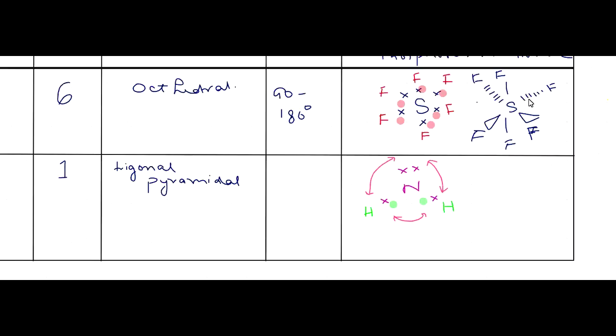And if I ask you the shape of the molecule, the shape of the molecule is going to look like this. This is the lone pair of electrons over here. I did not draw the dot and cross diagram correctly. One second. Nitrogen has 5 electrons, I forgot.